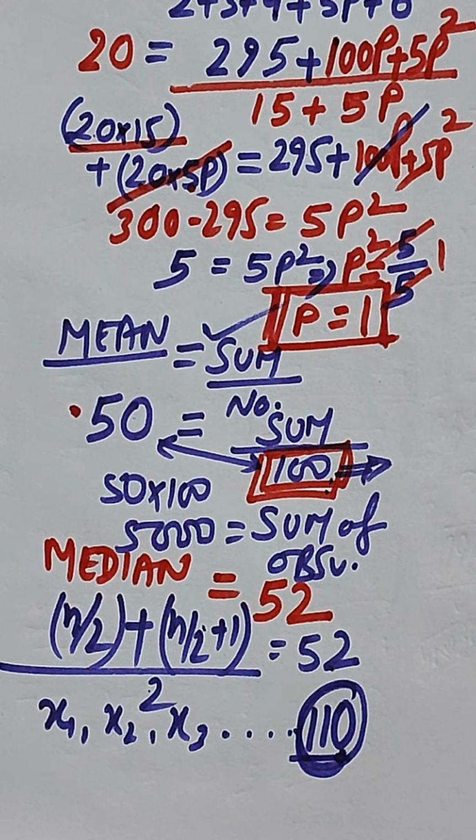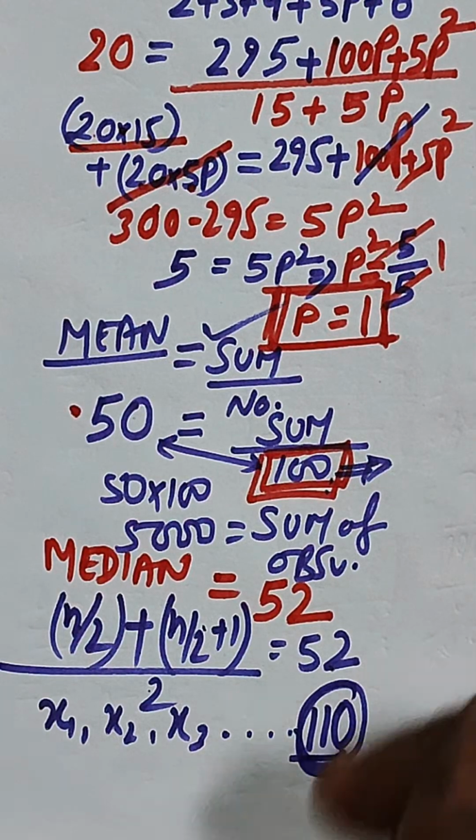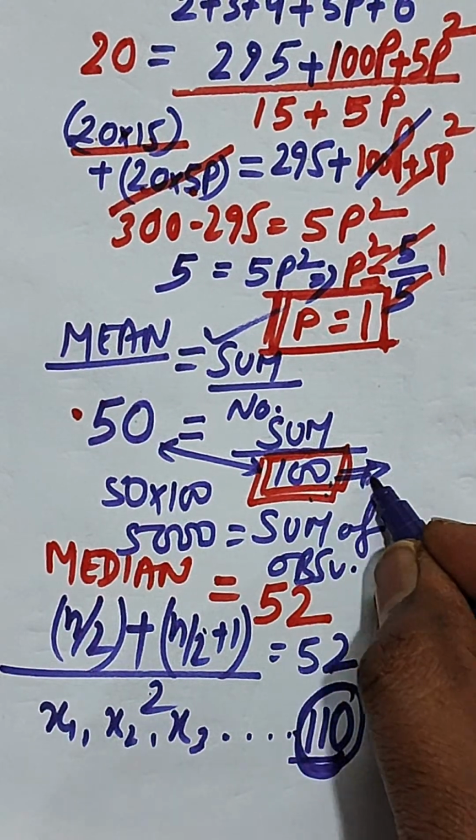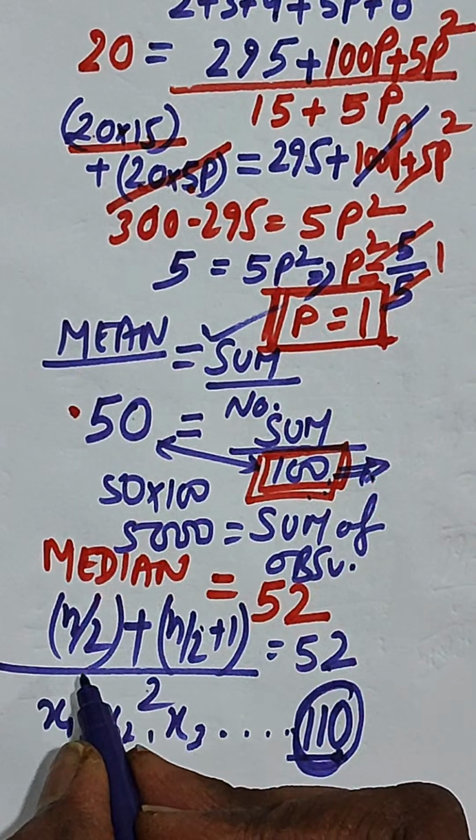When the number of observations is odd, the (n plus 1) by 2th observation, suppose it's 59, then 59 plus 1, 60 by 2, the 30th observation is your median. So here also it will be the same. But here the number of observations is 100, which is even, so this formula will be valid.